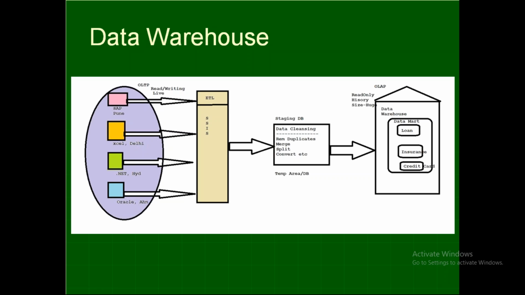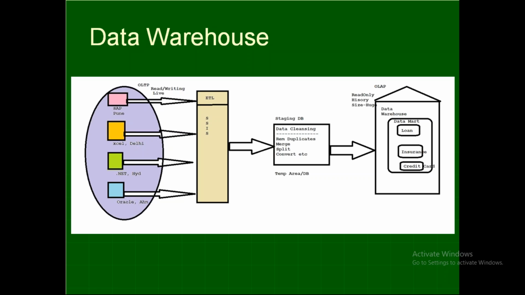One year is approximately 1 TB, or 1200 GB. If you take the SSIS package, clean the data and dump it here, 10 years of data in your data warehouse could be 10 terabytes, or 20 terabytes for the last 15 years.